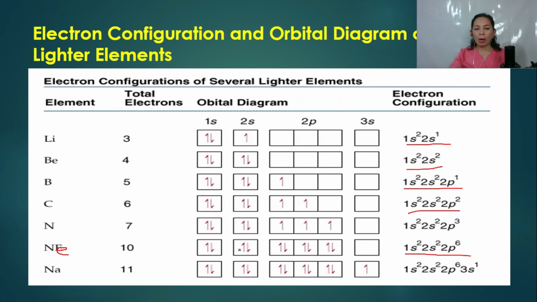And this is how we distribute the electrons. All are filled. And then lastly, we have sodium having 11 electrons. We have 1s2, 2s2, 2p6, and 3s1. So from 1s to 2p, we have filled orbitals. And in 3s, we only have 1 electron. Okay, do you understand, class?